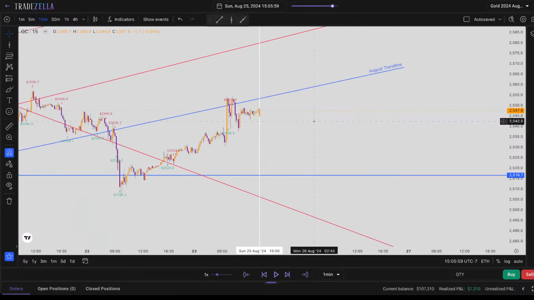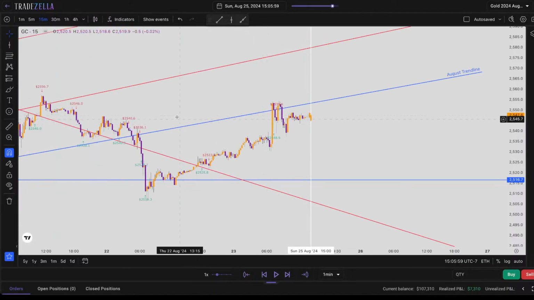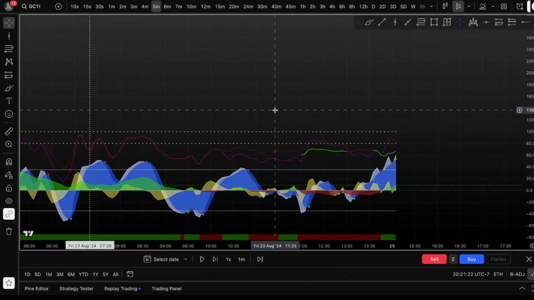I think we could see her try to get back above here, 255. I mean, if she can get above 255, she's got a shot. 254.8, also 2, and we should be able to see that here.